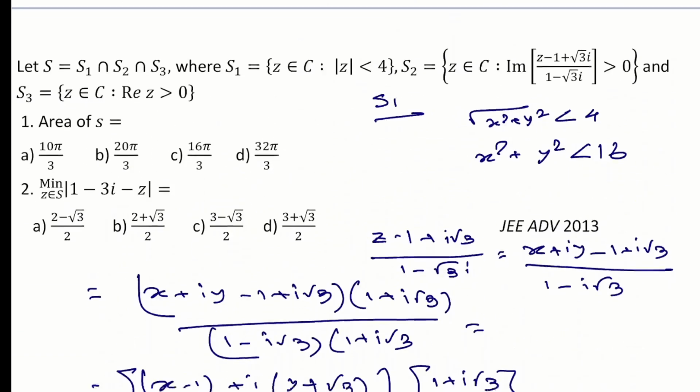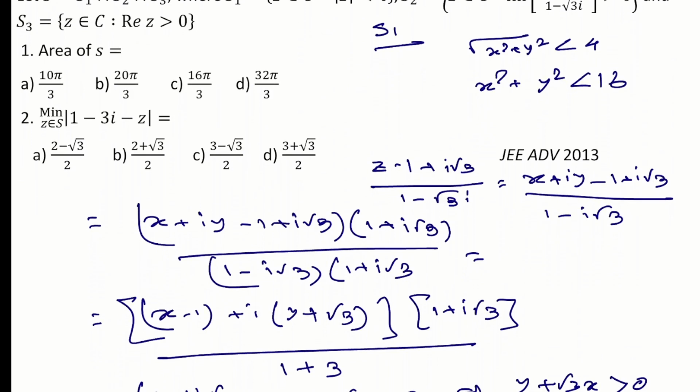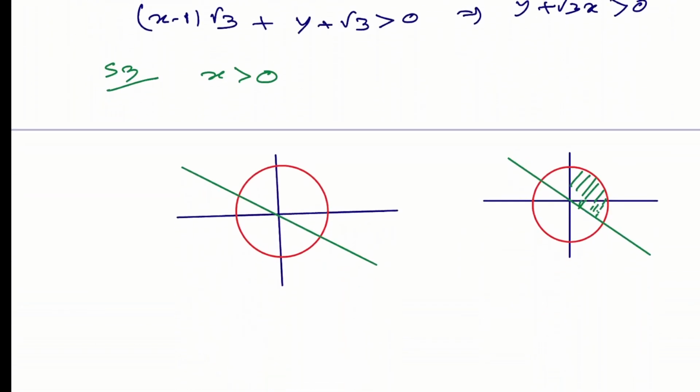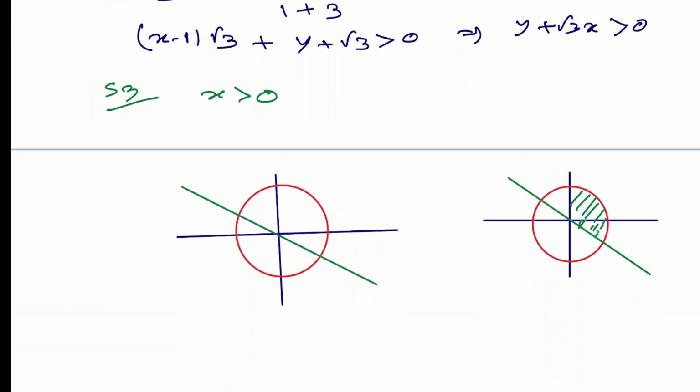Question number 1 says you have to find the area of the region. What is the area of the region? For getting the area of the region, let's see this area. This angle is coming to be 5 pi by 6.